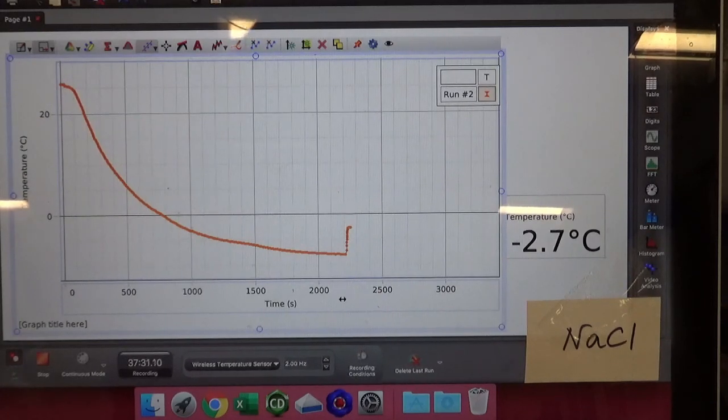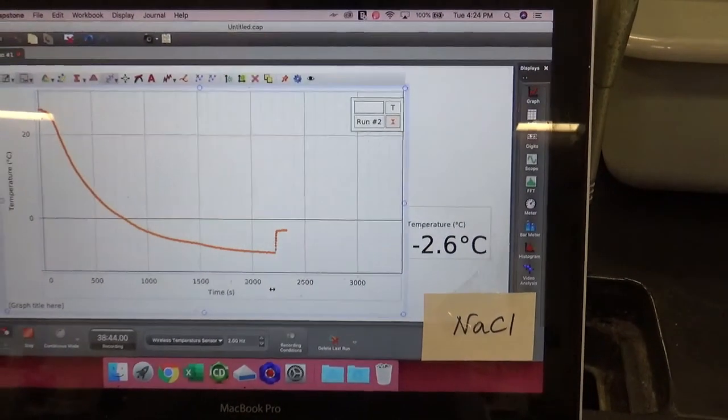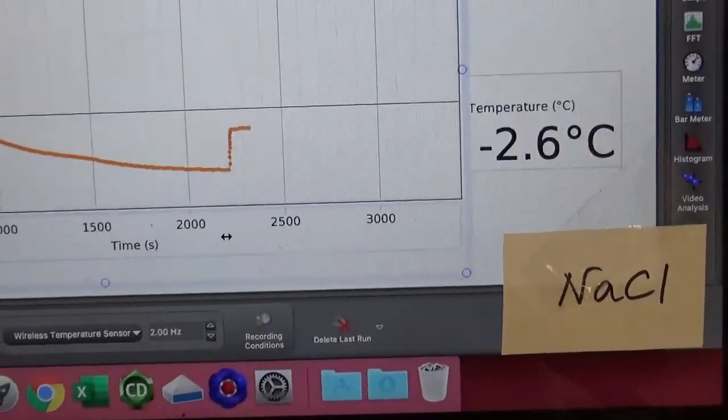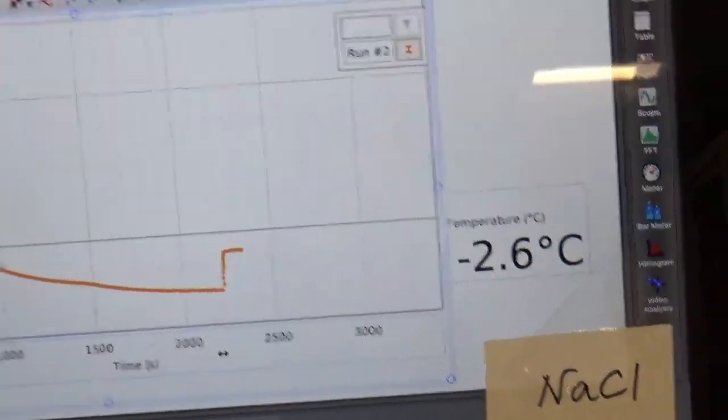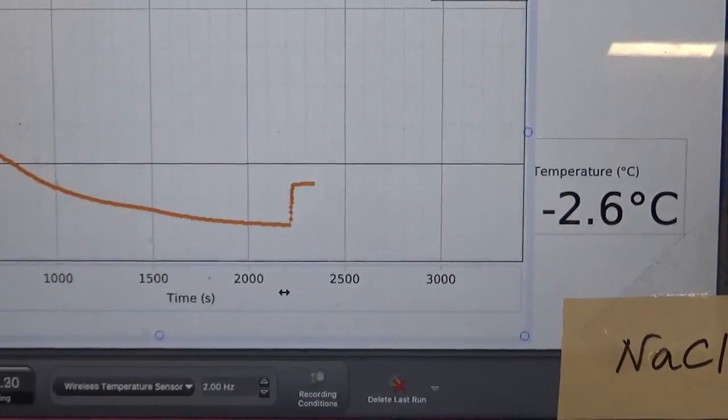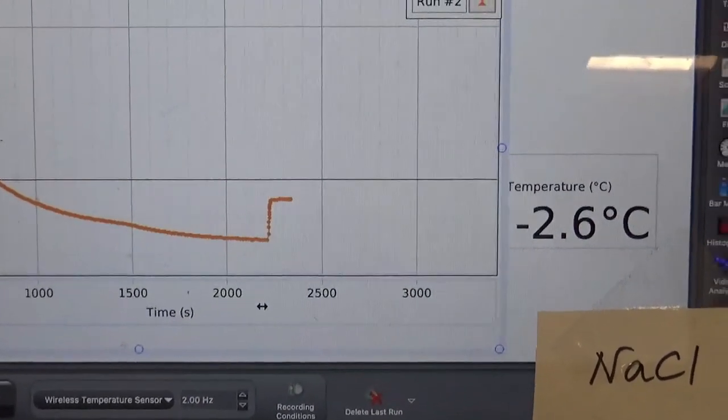And what is it? And I hope that the computer doesn't reboot, because this is where we were when it rebooted last time. And here is the NaCl. And we're getting some leveling off. We may actually be able to get the result from spreading this out a little bit along the x-axis.